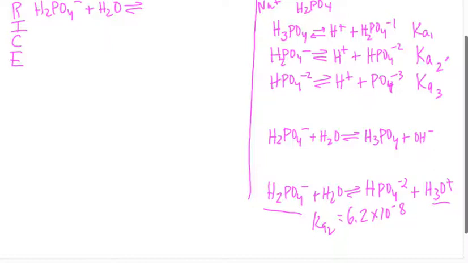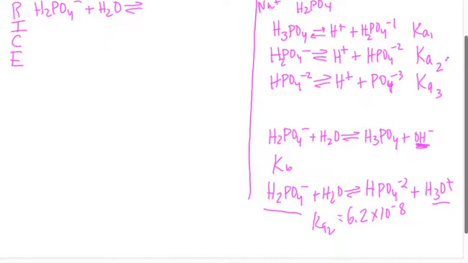Now with this one we've got a bit of a problem. First off, do we need a Ka for this equation? Look at the products. What do we want? We want a Kb, right? Well, in terms of what it's making, this is kind of the reverse of one of the things from above. I'm not going from negative to the H3PO4, but do I have one going from H3PO4 to that?